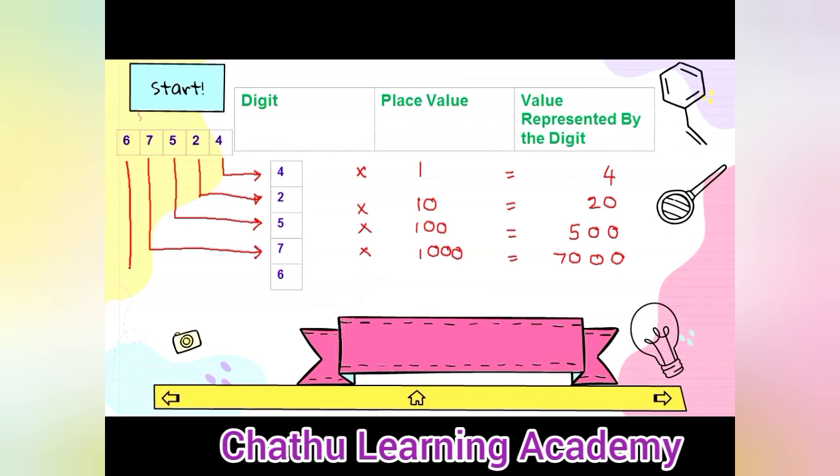This is the last digit. 6 is in 10,000 place. Then place value is equal 10,000. Then what is the value represented by number 6? It's equal 6 into 10,000, 60,000. Likewise, you can write the value represented by the digits.